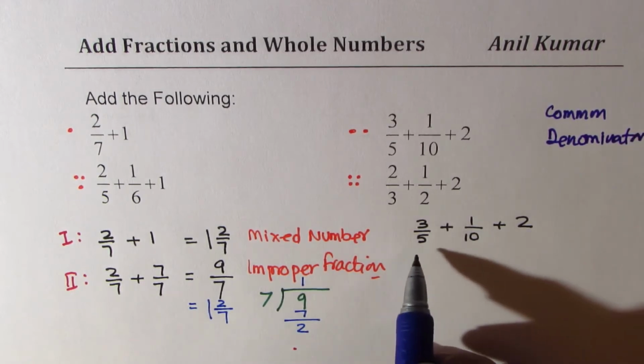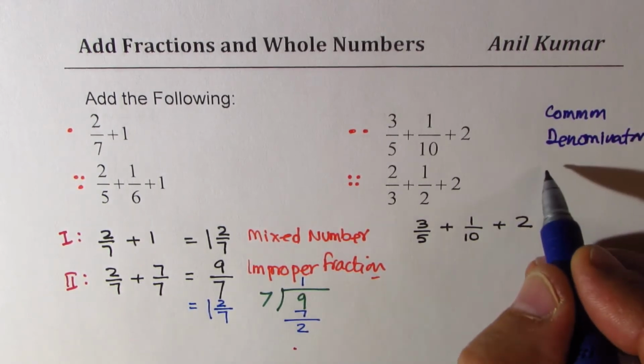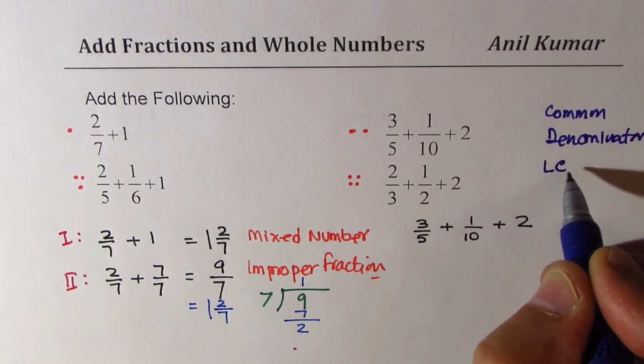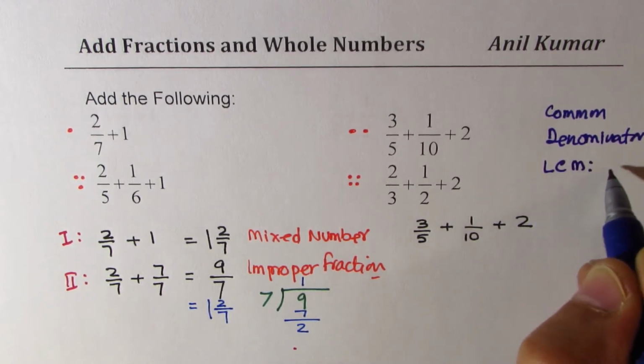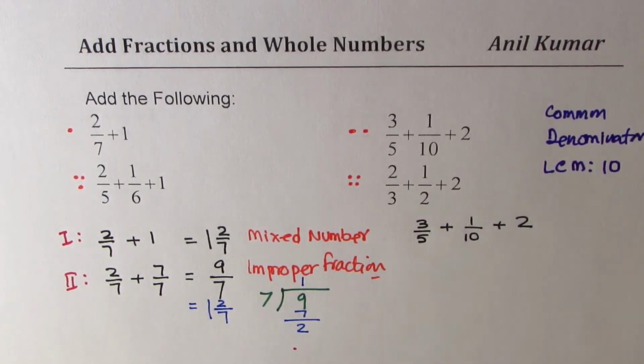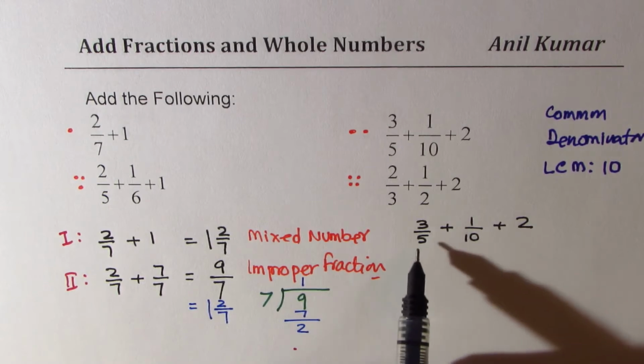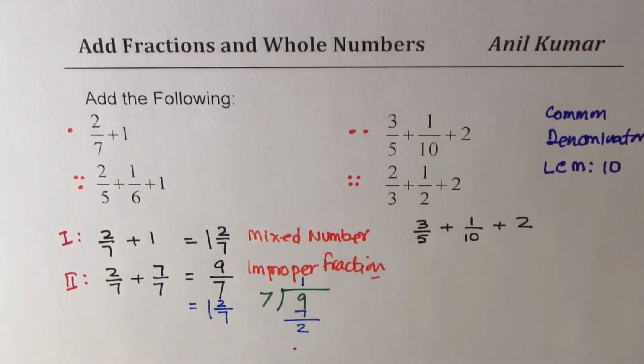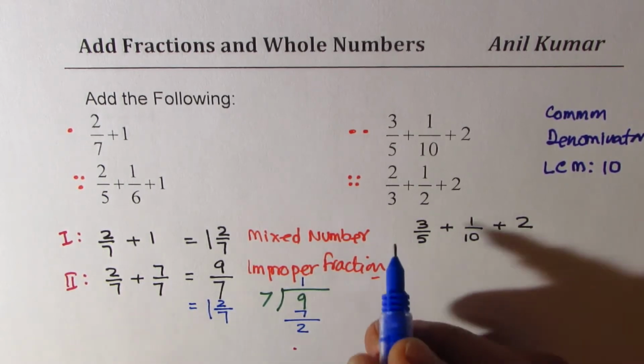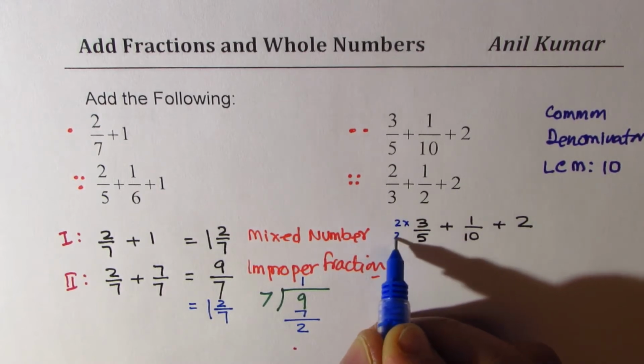So what is the common denominator between 5 and 10? Right? So we call it least common denominator or least common multiple, which is 10. So we have to write each fraction with 10 as our denominator. So I could do that by multiplying both these by 2, right? So I could do that by multiplying both of them by 2.